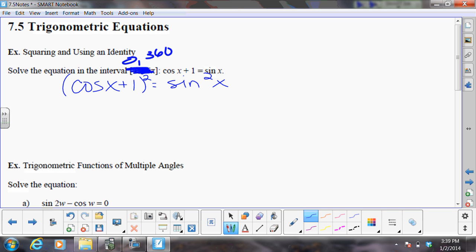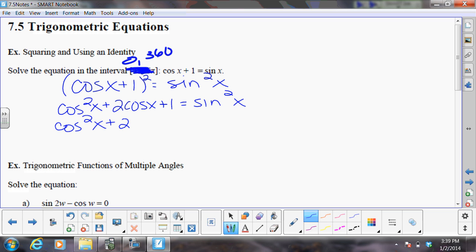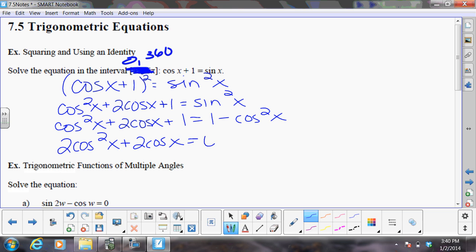If I square cosine plus 1, it becomes that. But I can change sine squared x to 1 minus cosine squared x. And then move everything over. 2 cosine squared x plus 2 cosine x equals 0.